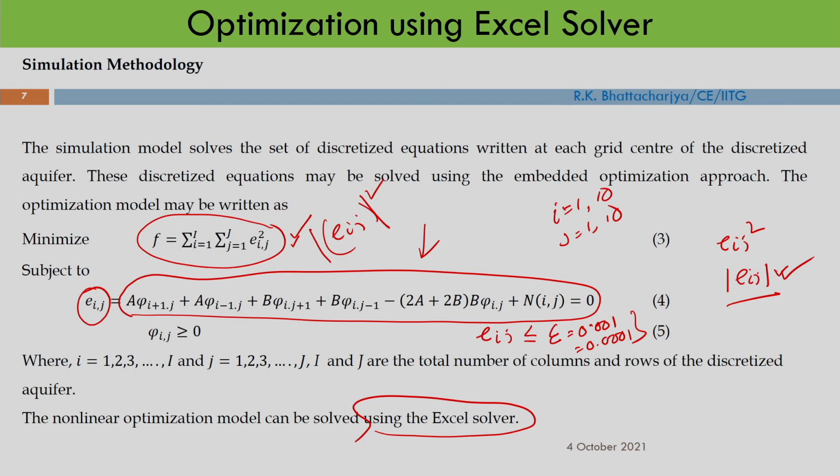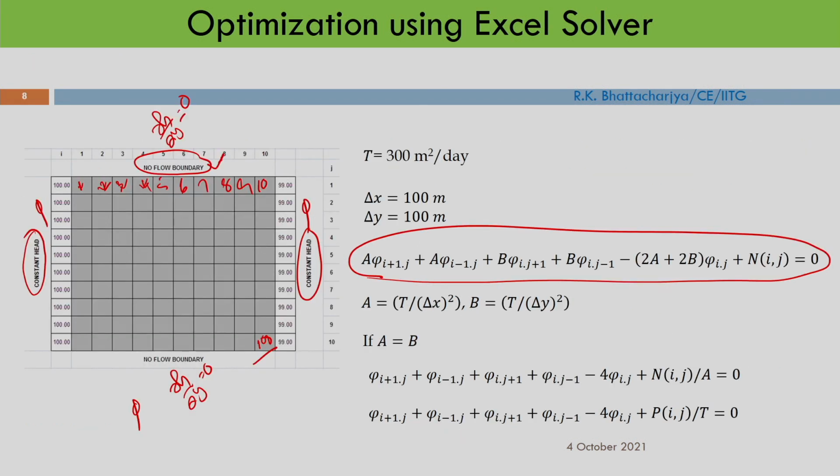Now, let me go to the next slide. Here the value given is T equal to 300 meter square per day. I have used del x equal to 100, del y equal to 100, and the aquifer size is 1000 by 1000.